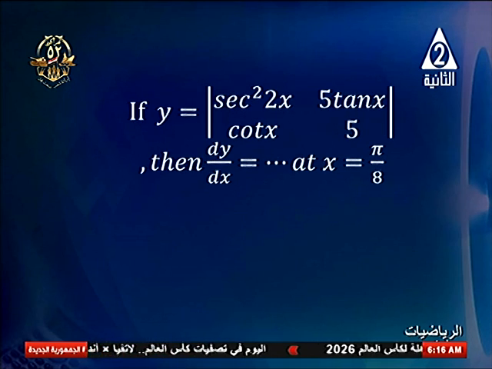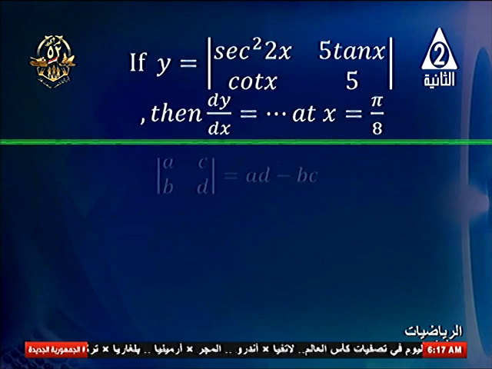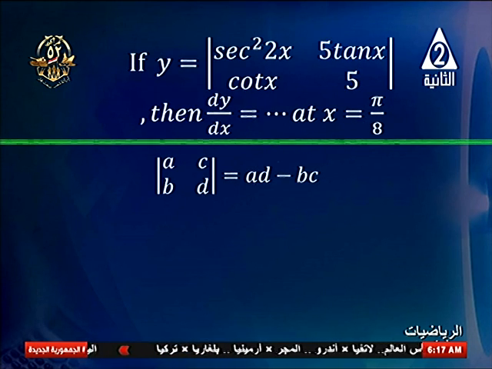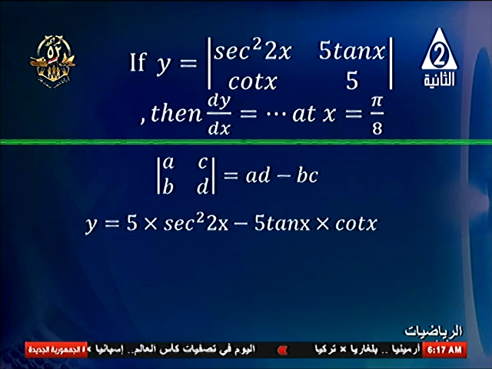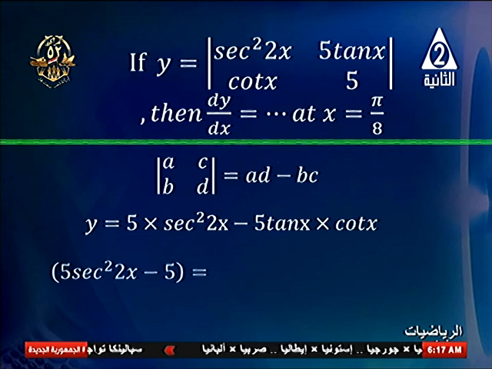Look at y equals, my dear student, this rule of determinant. We have multiply 5 multiply sec square 2x minus 5 tan x cot x. Then y equals 5 sec square 2x minus 5. Why?